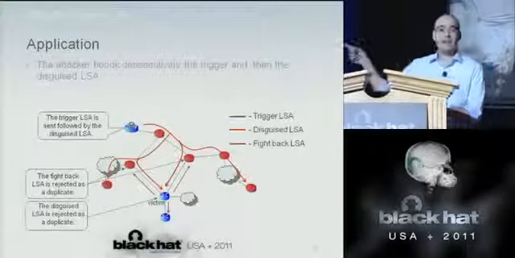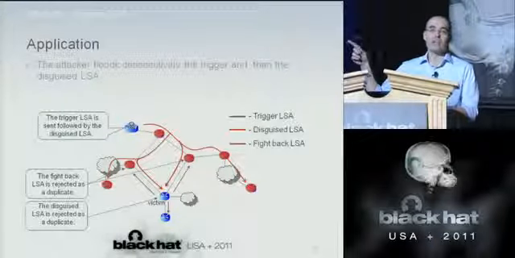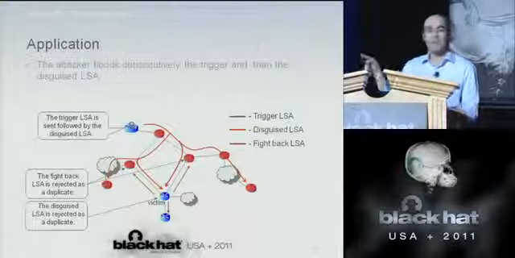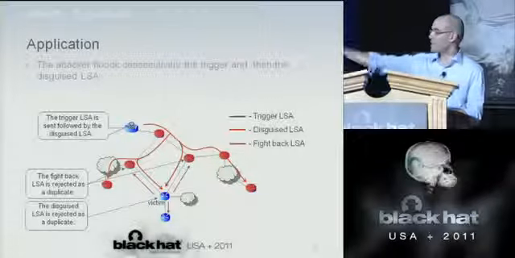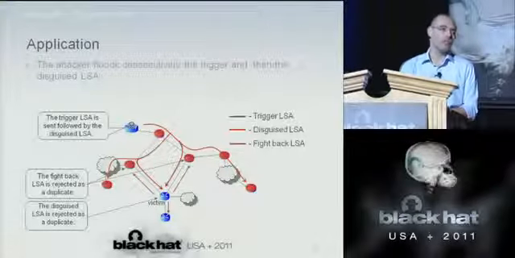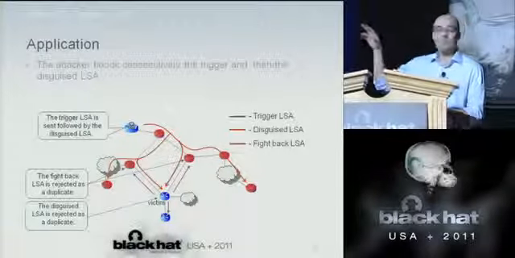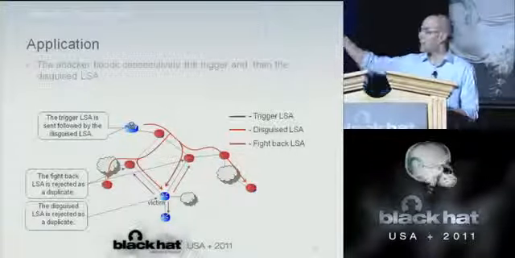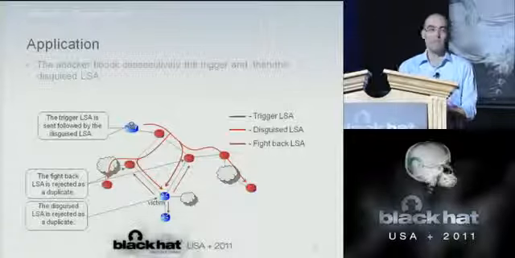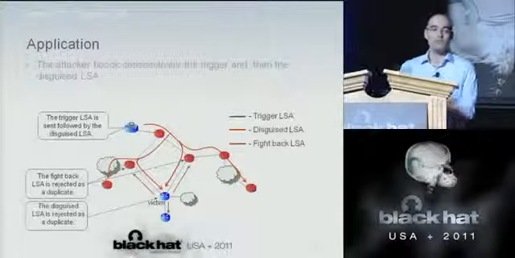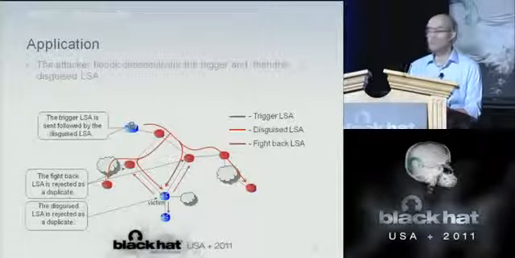Now notice here that the attacker does not always manage to poison all the routers in the autonomous system. For example, this router down there was not poisoned. This is because every path from the attacker to that router traverses the victim, so the attacker cannot manage to get to this router.